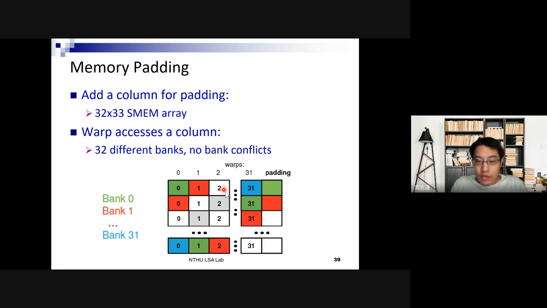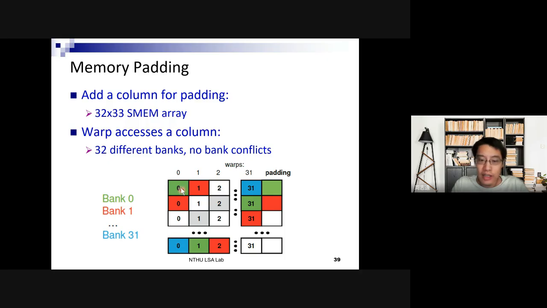One way to solve it: since our data is already placed on shared memory and we have to read it out in the column-major manner, all we can do is figure out how to interleave the data on the banks.